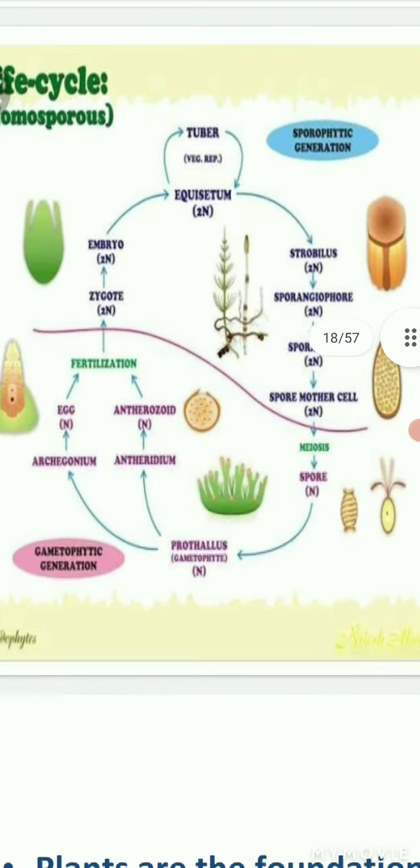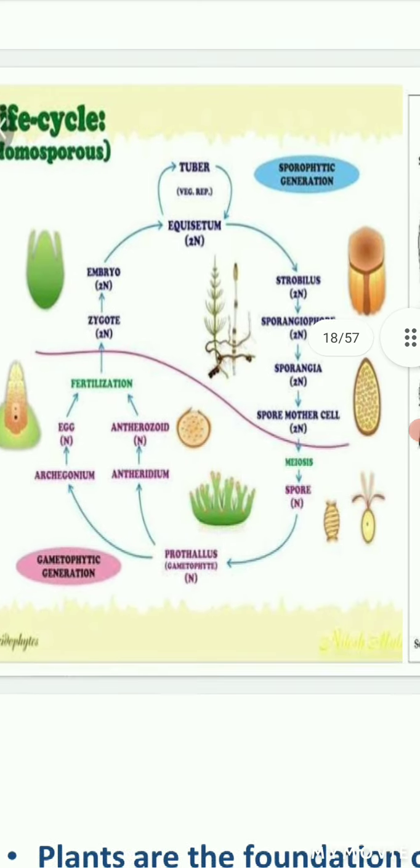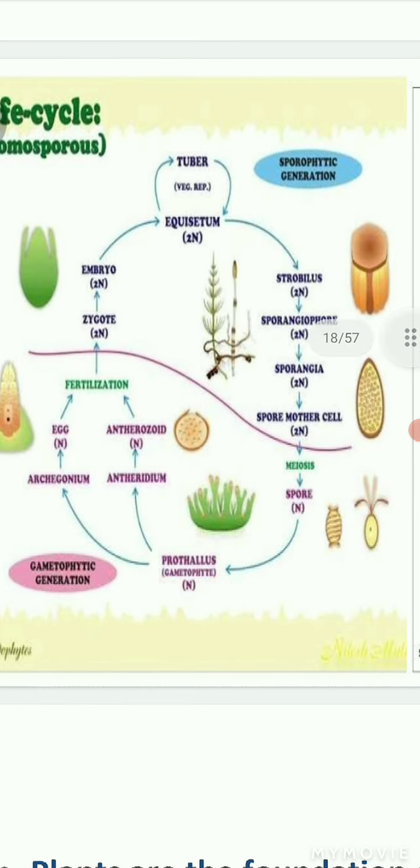So this is the diagrammatic representation of a plant. Here is the meiosis. These spores germinate into a prothallus, which is also called a gametophyte, and within brackets there is an N, which represents a haploid plant.